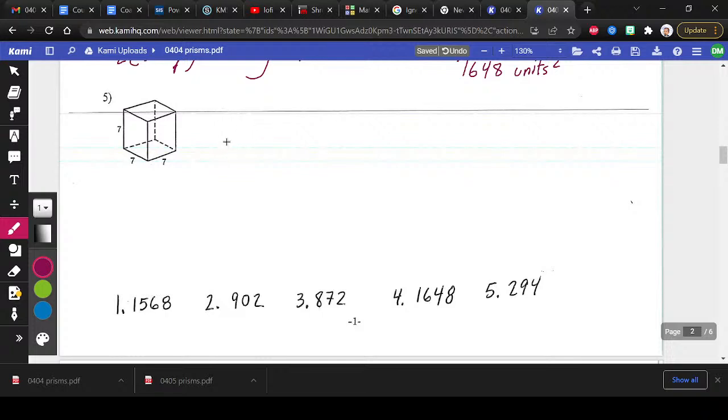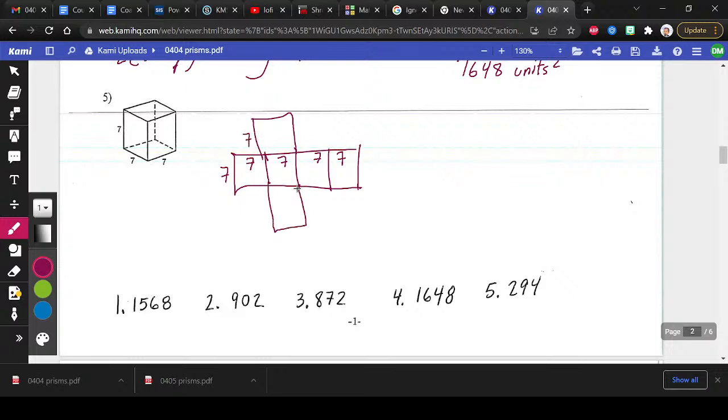Last one here, we've got 7 here, 7 here, 7 here, 7 here, 7 here, 7 here. So we're going 2 times 7 times 7. Then we're doing 2 times 7 times 7. And then we're still doing 2 times 7 times 7.